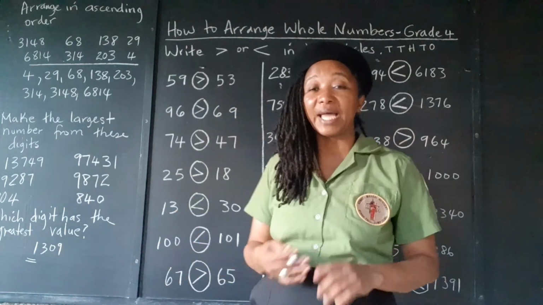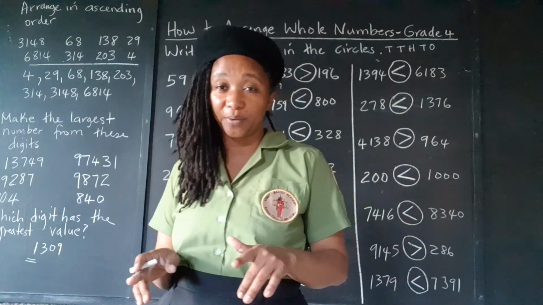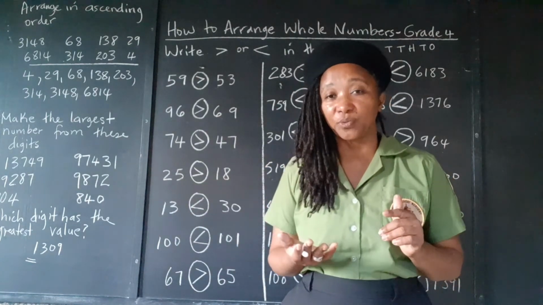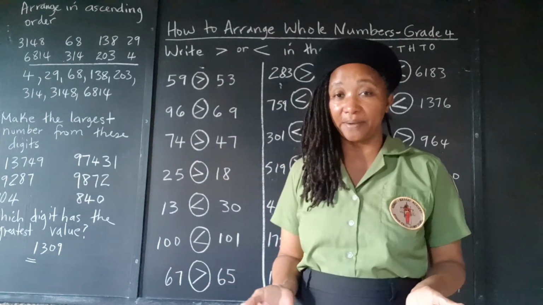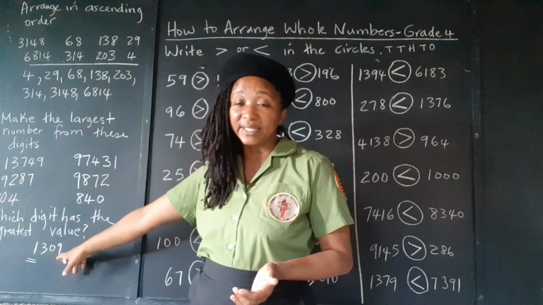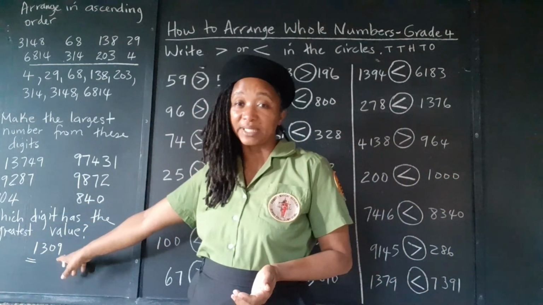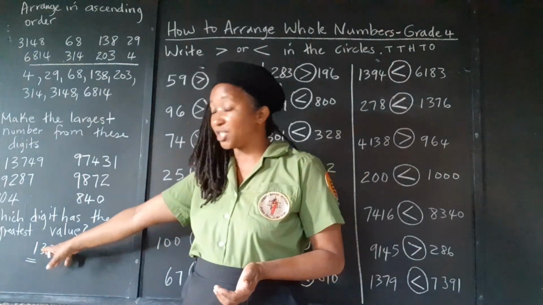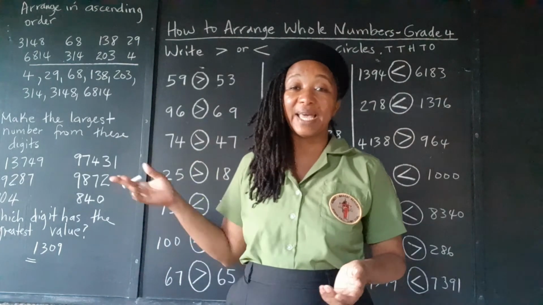So even though 9 has a bigger face value, as a digit it's the biggest single digit we can have in our decimal system, in this number, the 9 is in the ones place. It's 9 ones. So it's the smallest value here, even compared to the 0, because the 0 is holding the tens place.